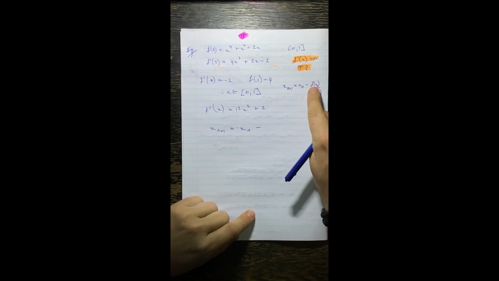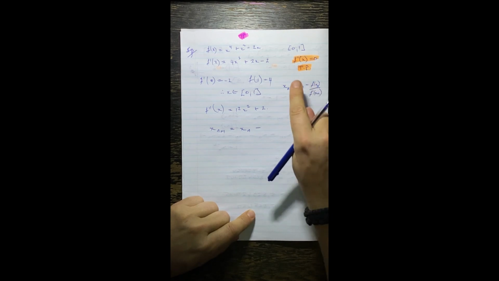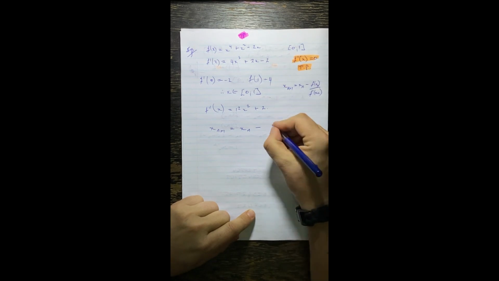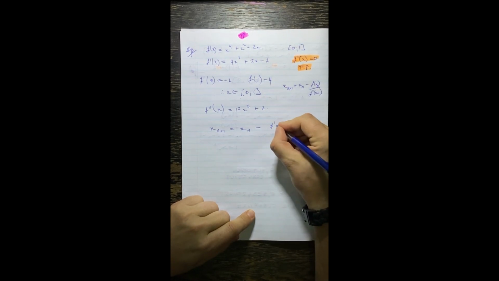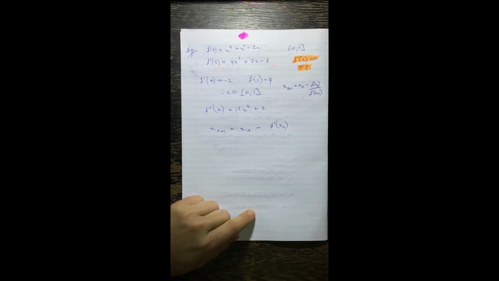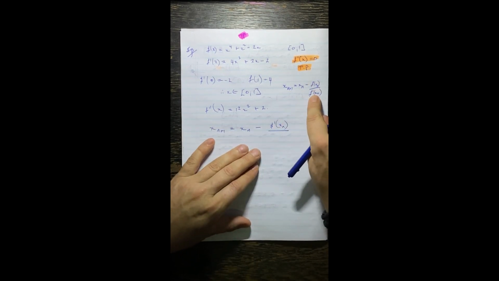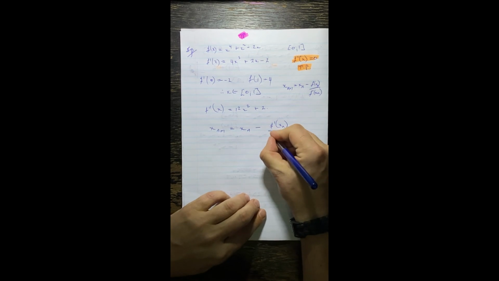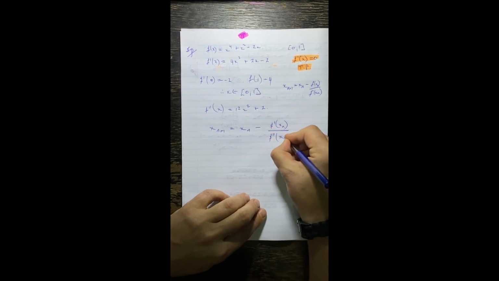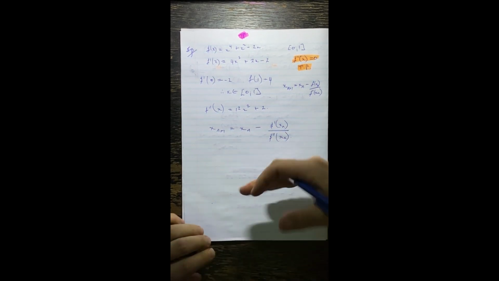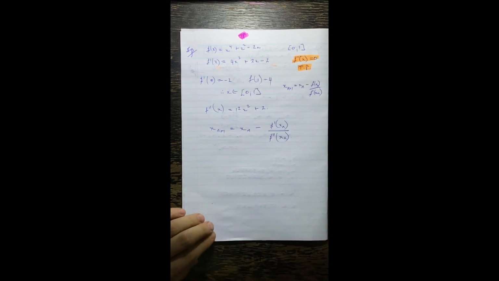So it was the top one normally that we're setting equal to 0. But which one are we setting equal to 0 now? We are setting the derivative. So this would be f dashed of x n up at the top. Then at the bottom, what did we do? We took the derivative. So this would be f double dashed of x n. Okay, so I've just adapted the formula for our problem.